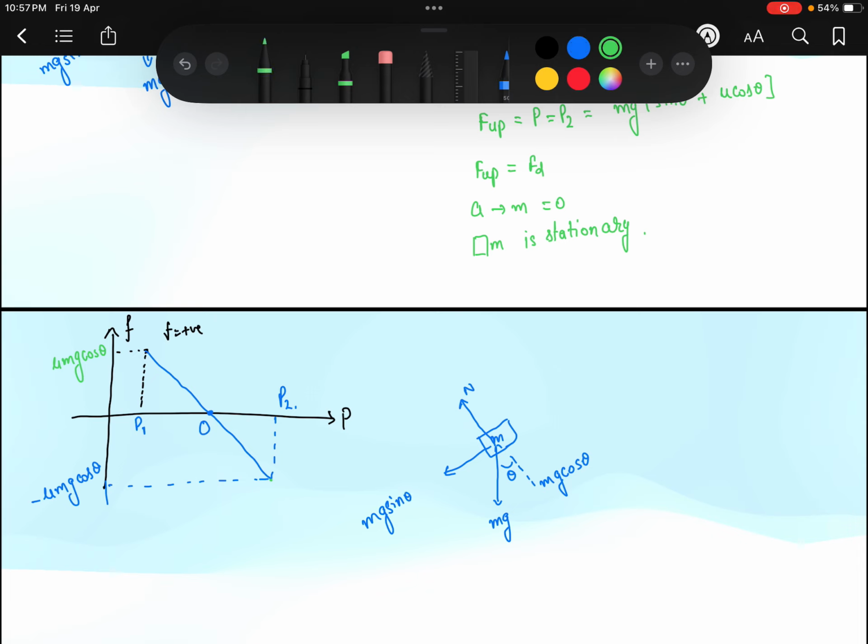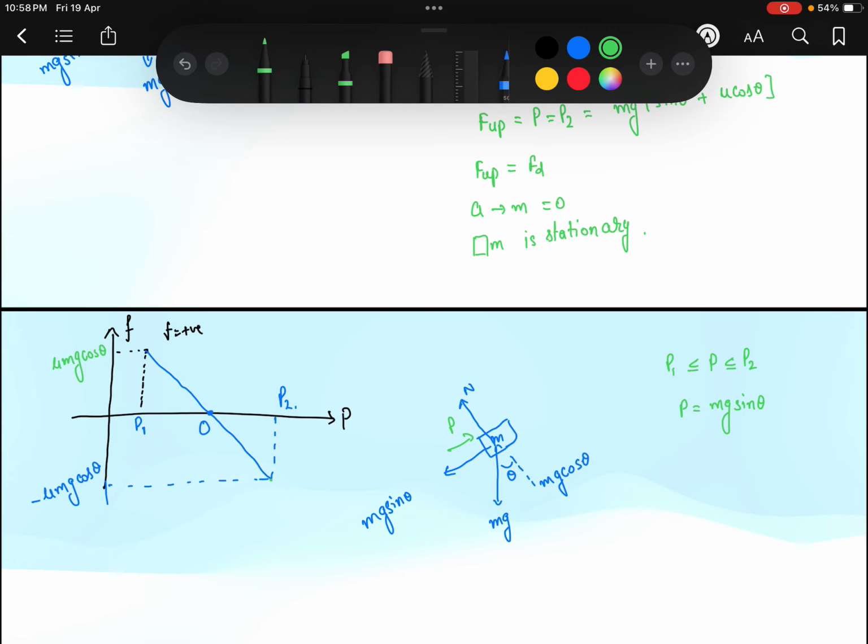Since our applied force P is varying from P1 to P2, let us take an intermediate case when the value of P is equal to mg sin theta.